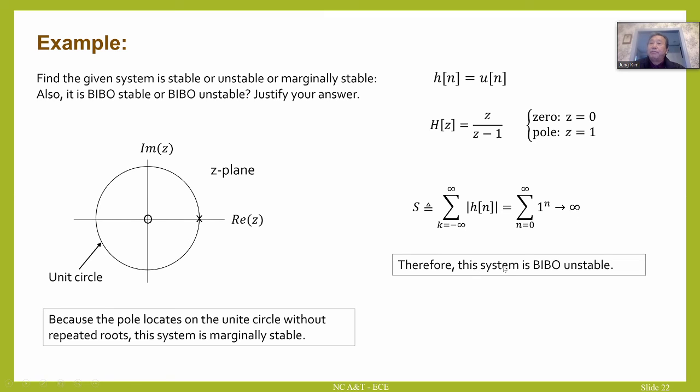So this is BIBO unstable. It never dies, that is, it does not converge. So this is BIBO unstable. However, because the pole is located on the unit circle only once, without a repeating root, this is marginally stable.